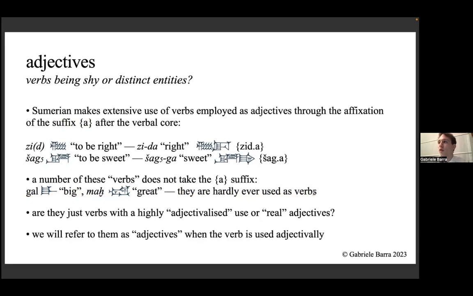They are kind of frozen forms of adjectives of old, to which you do not add any ending. So in this course, we will treat them as adjectives when they are used as adjectives. If a verb is used as an adjective, then we will call it an adjective. So what is basically an adjective? It's a verb used adjectively.